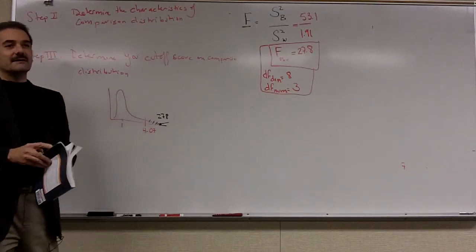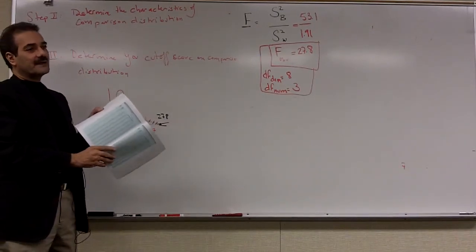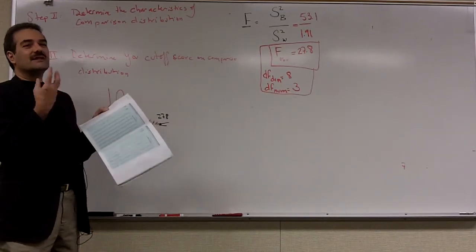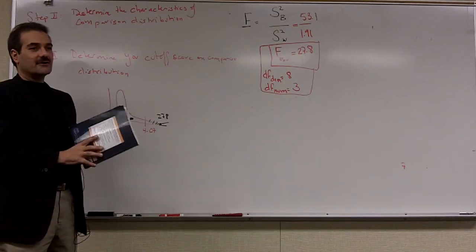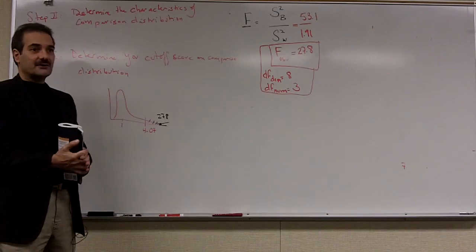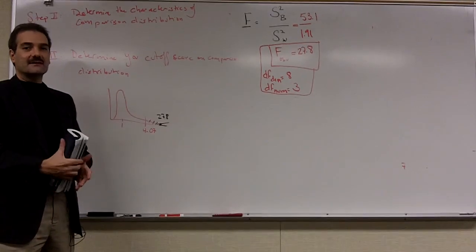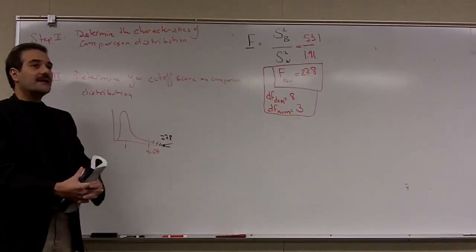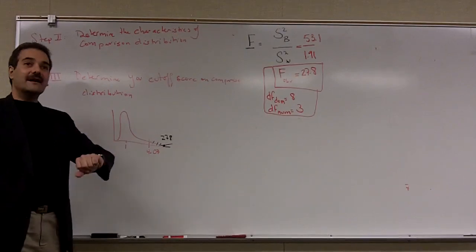I'm not going to give you that. Most of this is going to be done by a computer. This is just to introduce you to the concepts. It'll give you an exact p-value and exact F-value. Computers will do that, and it'll compare. OK, so we've done it in an hour.